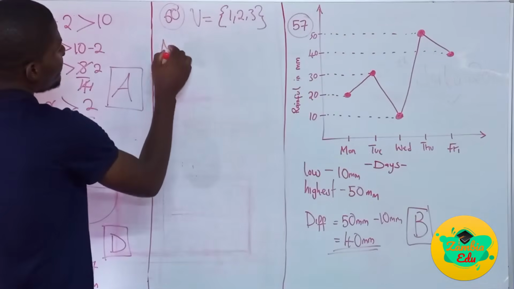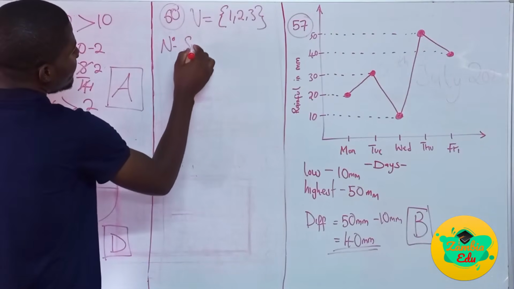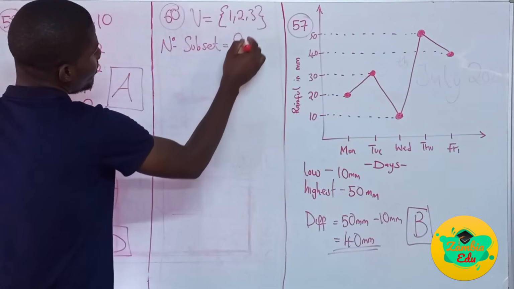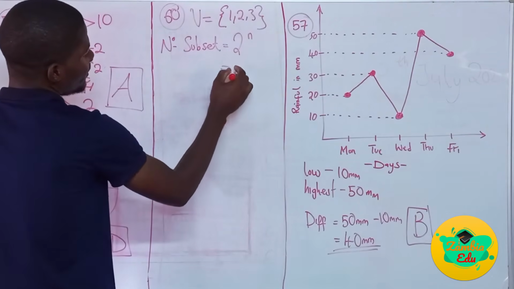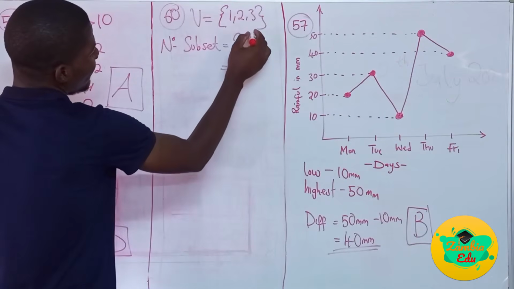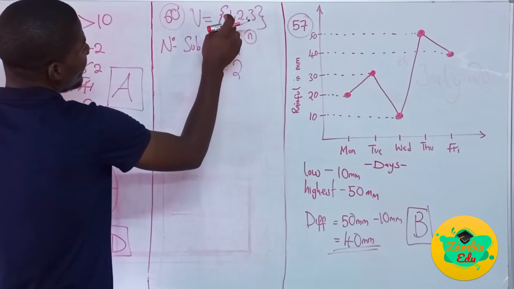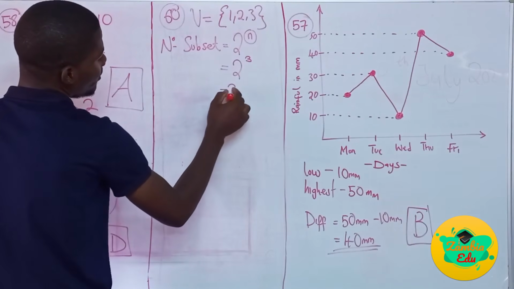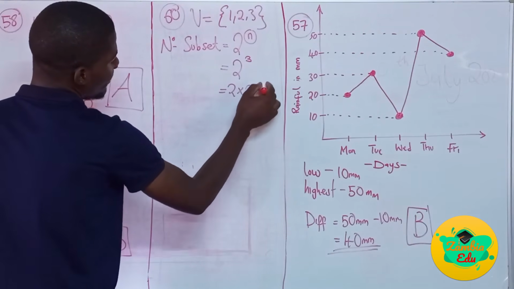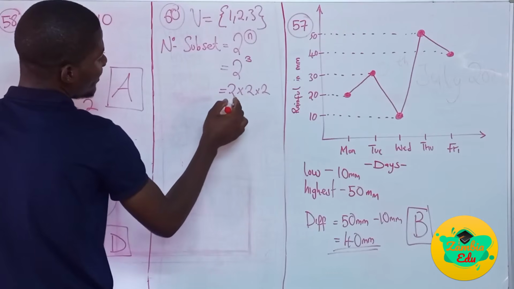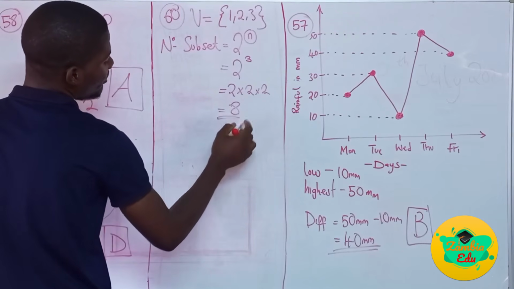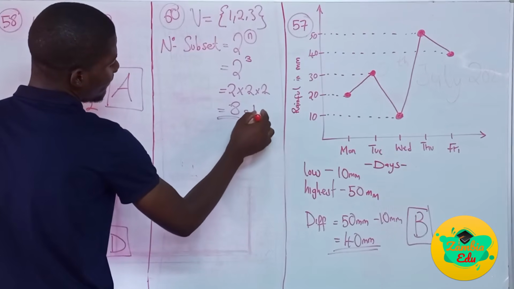Number of subsets is equal to 2 to the power n, where n represents the number of elements, so 2 to the power 3, which is 2 times 2 times 2. 2 times 2 is 4, 4 times 2 is 8. So this will be 8 subsets.